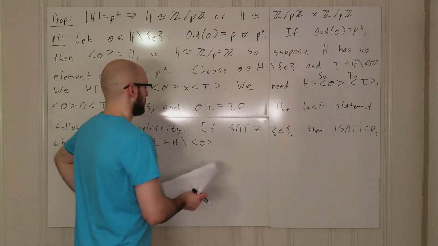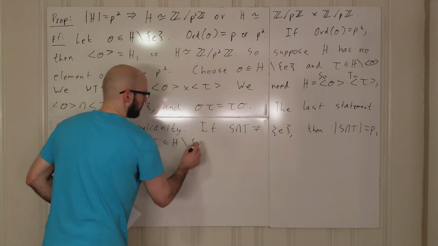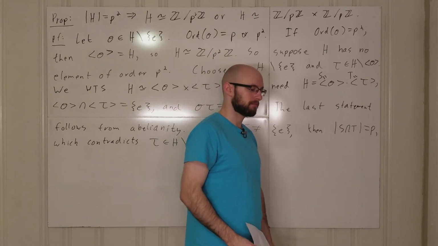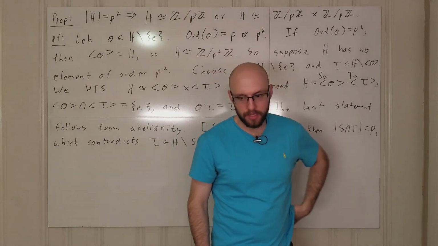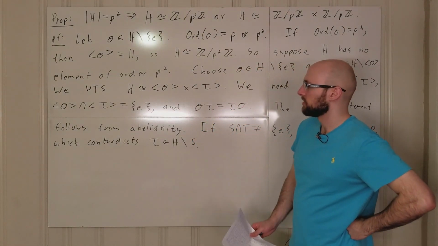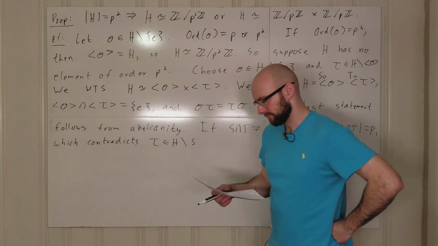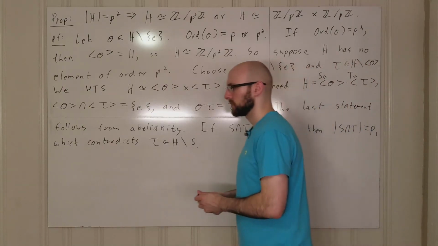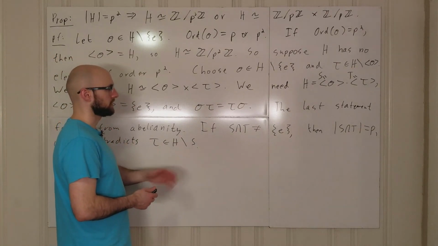Right, because if we write that using S, so if S intersect T has size P, well, S has P many things in it, and tau is chosen outside of that. This is obvious because we chose tau to not be in S.